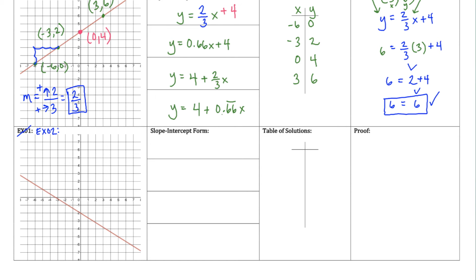Okay. So let's find our y-intercept. So right here, y-axis, y-intercept. So (0, -2). So -2. And let's find some nice points for our slope. This one for sure.